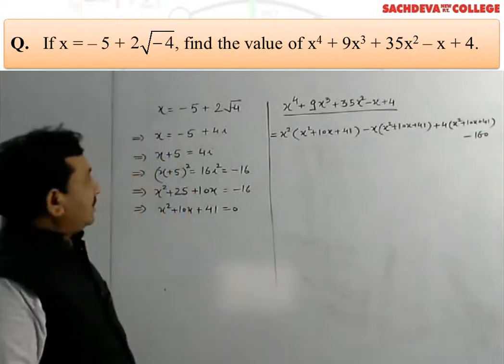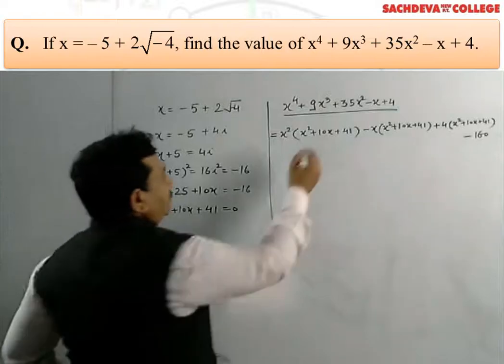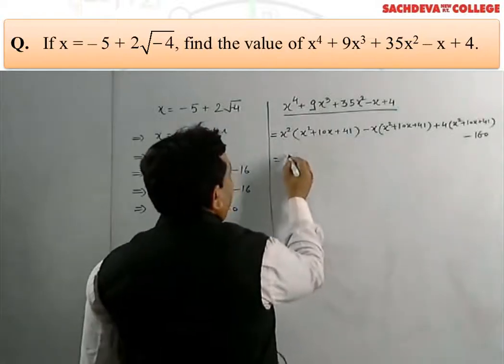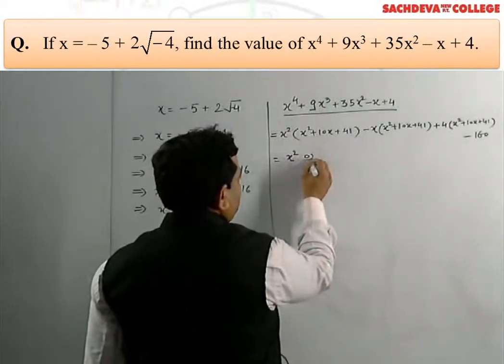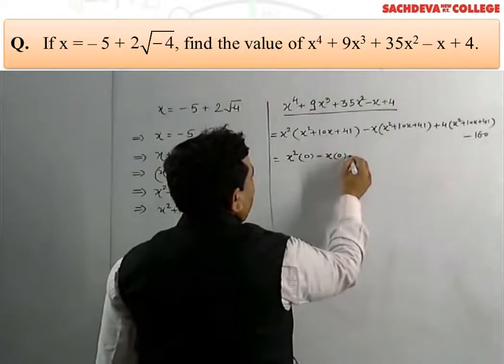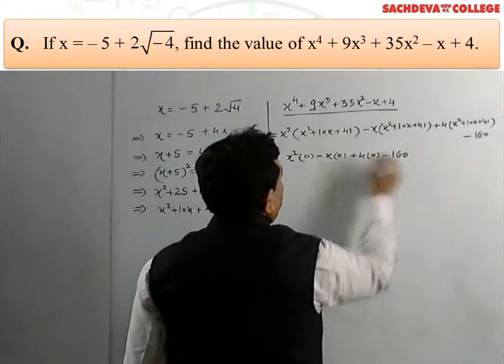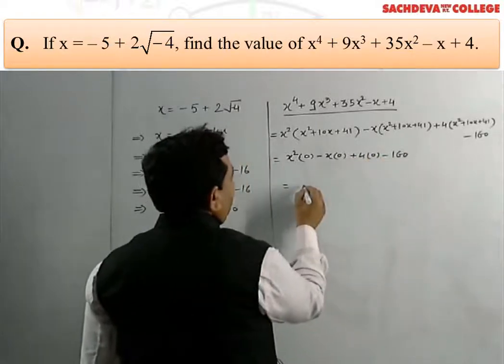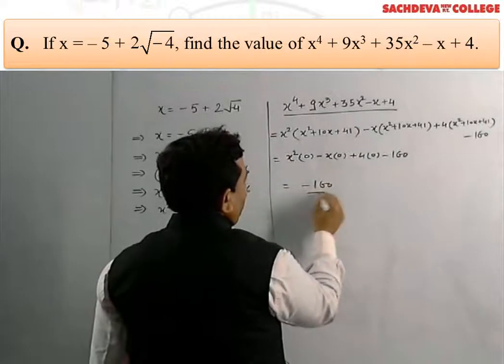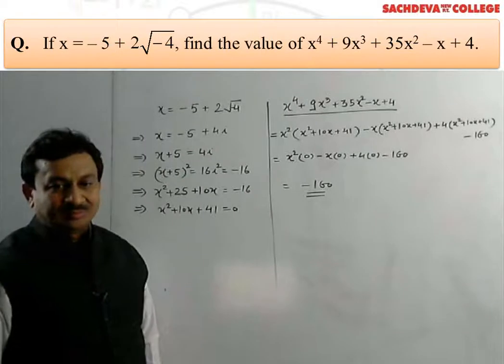Because given that x² + 10x + 41 is 0, the value of the first term will be x² into 0, the second term will be x into 0, the third term plus 4 into 0, minus 160. It means the result is −160 here. So the answer to this problem is −160.